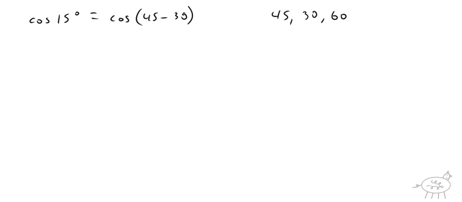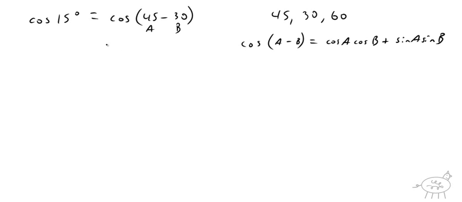All right, so what we're doing is, let me write this on the side here because I think it's important. Cosine of A minus B equals cosine of A cosine of B, opposite sign, plus sine of A sine of B. So literally, your value of A is 45 and your value of B is 30.